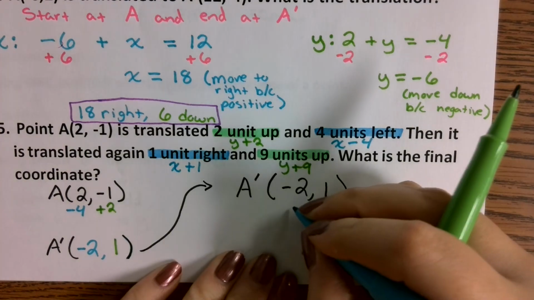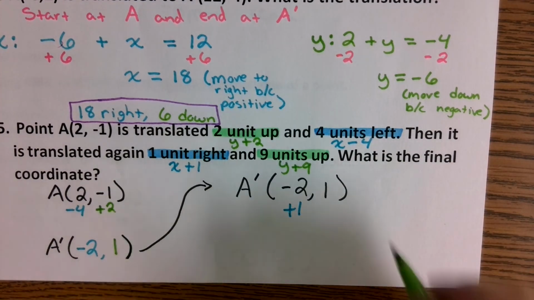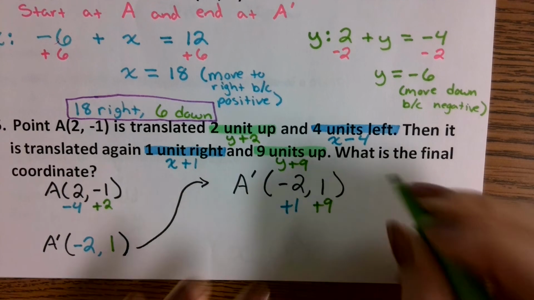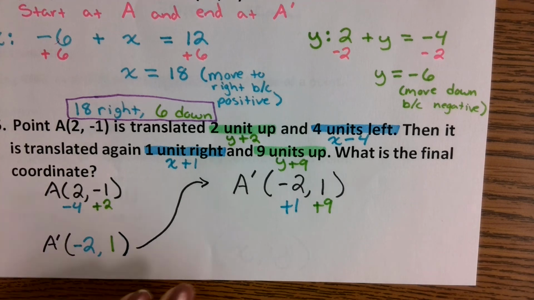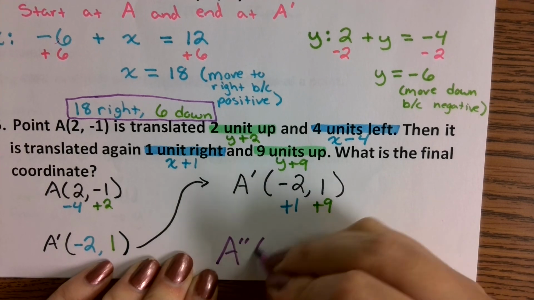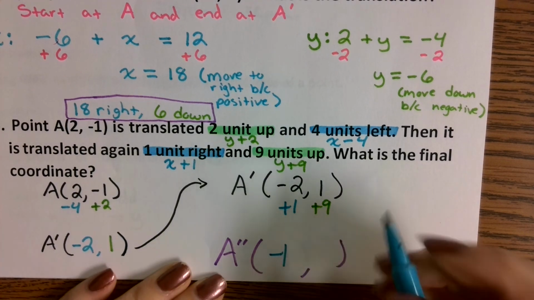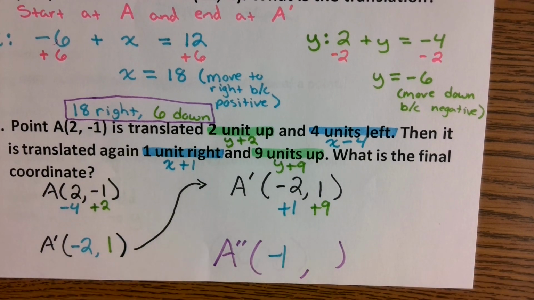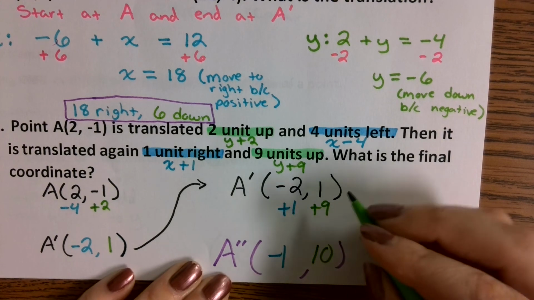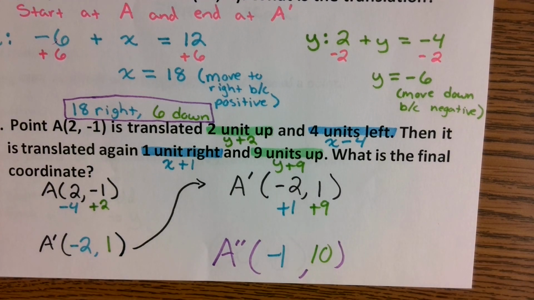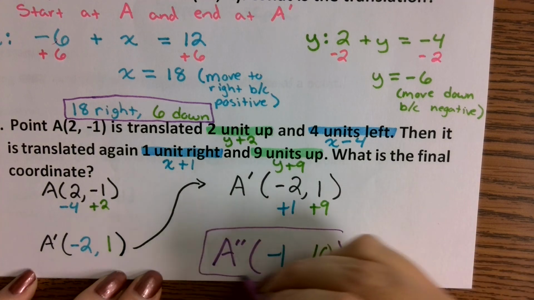Okay, so we're going to do -2 plus 1, and we're going to do +1 plus 9. And that'll take us to a double prime, which is at a -1, because -2 plus 1 gives us -1, and then a +10, because 1 plus 9 is 10. Yes? Not yet. Okay, any questions about translations?